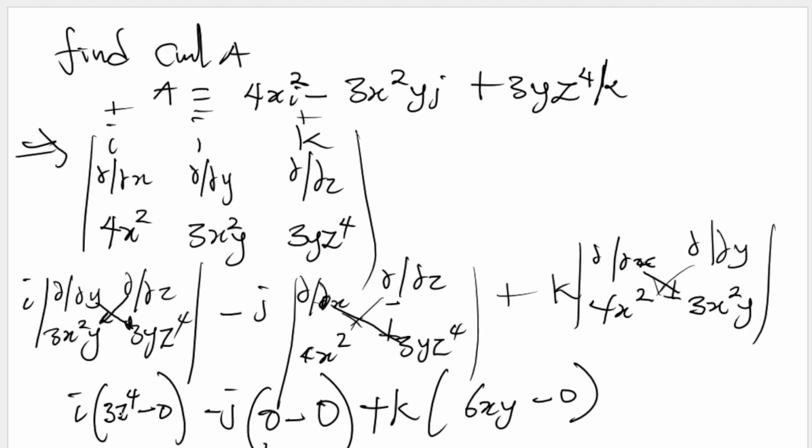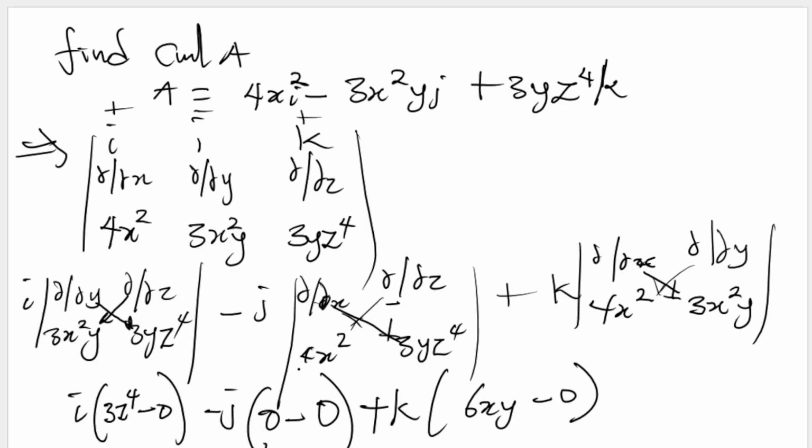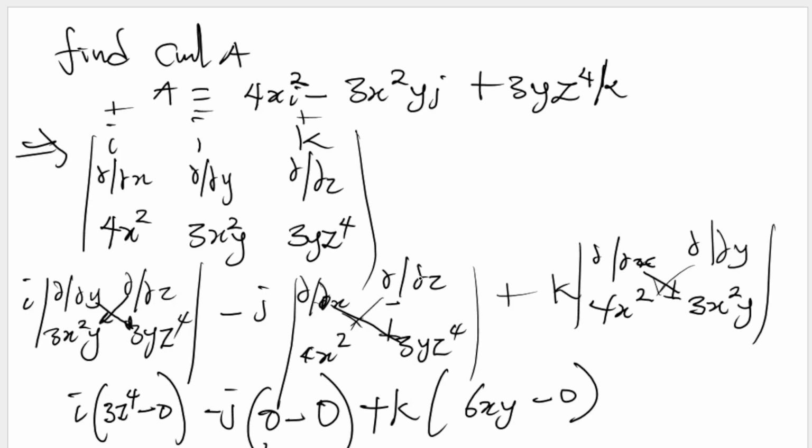So what you do is you take this parameter and you multiply it with the component outside. For that particular question, we have 3z raised to the power of 4 of your i component, minus what you have here, which will be 0, right? So you have minus 0, plus your k component. What are you left with for your k component? 6xy.